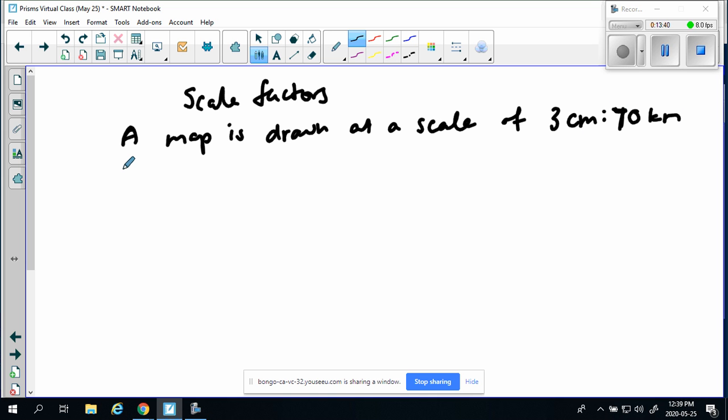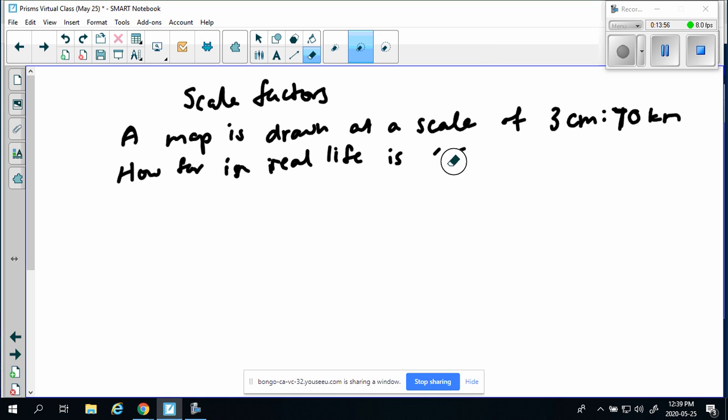So how far in real life is 10.25 centimeters on the map? Let's make it an even weirder number.